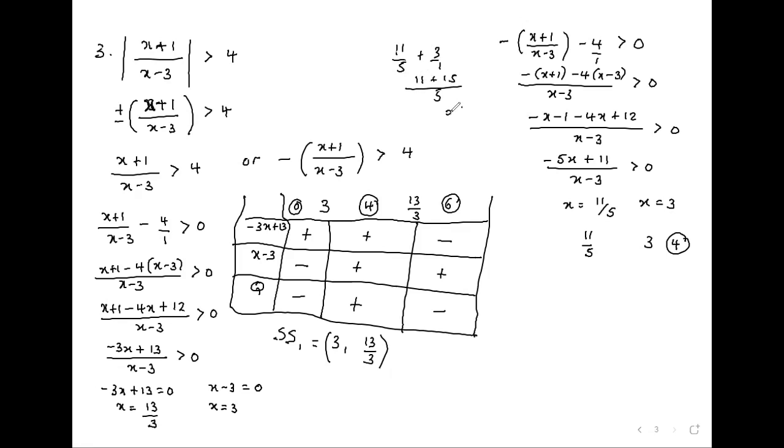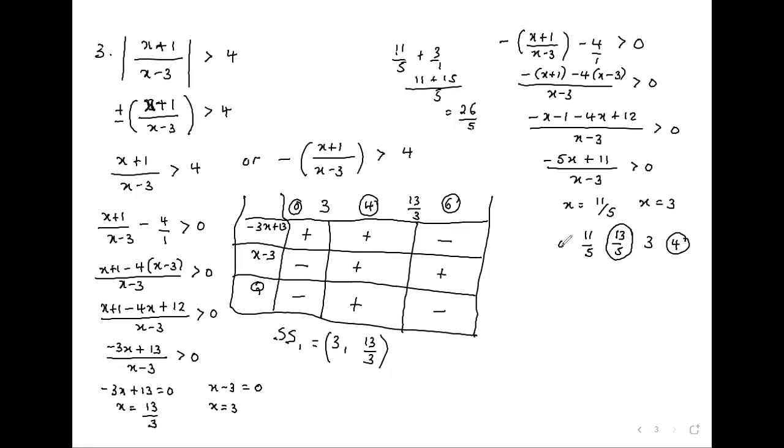This will be 26 over 5. Then I divide this number by 2, so it becomes 26 over 10, or we just write 13 over 5.